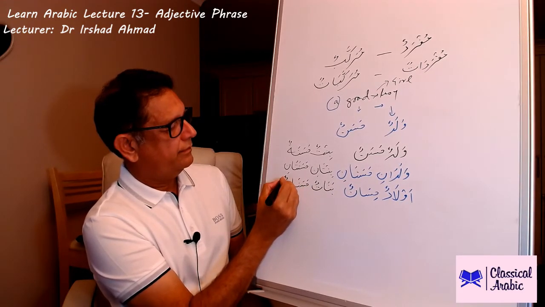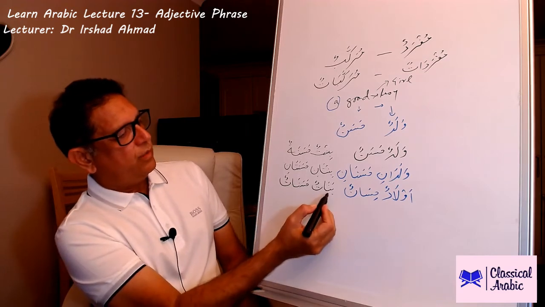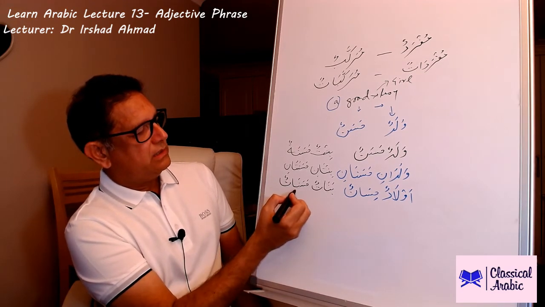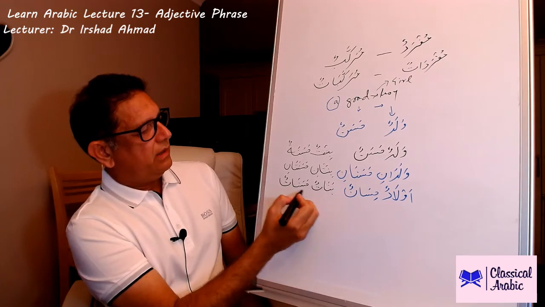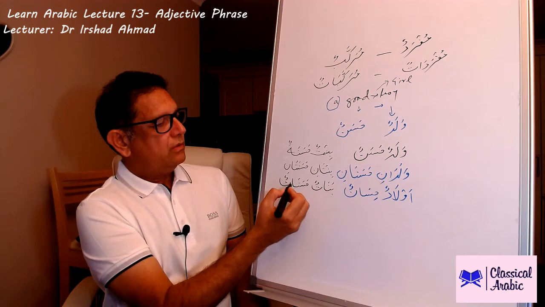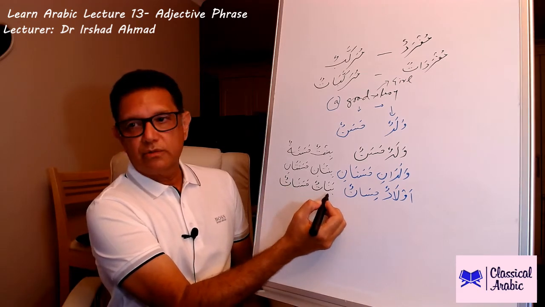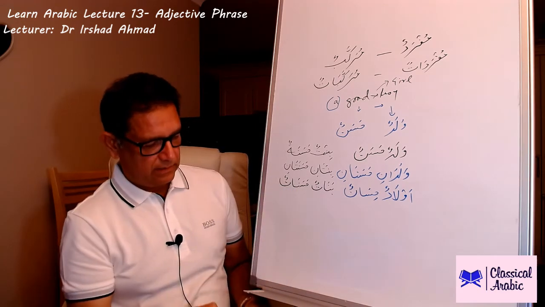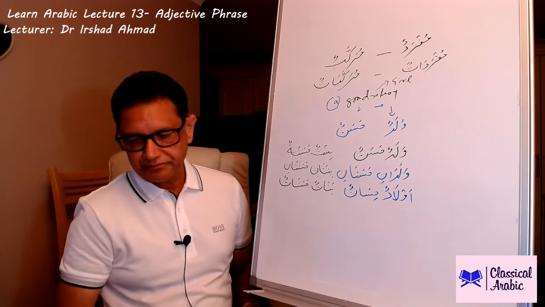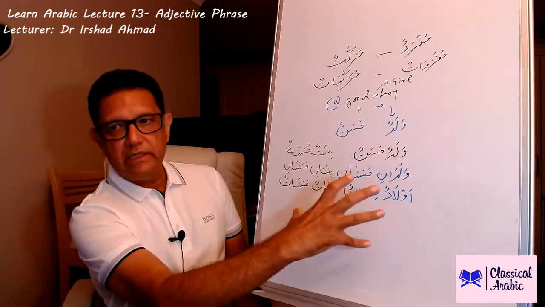So here muannas, jam'a, rafa, and nakira. So sifa is going to follow mawsuf in all these four aspects, in all these four qualities of a noun. So these were all indefinite.